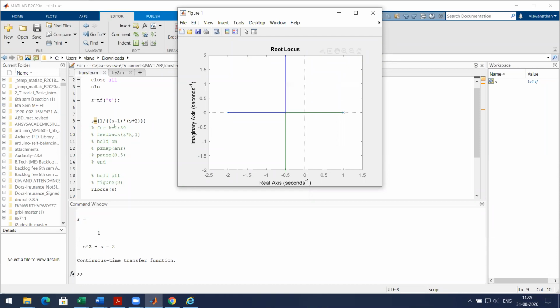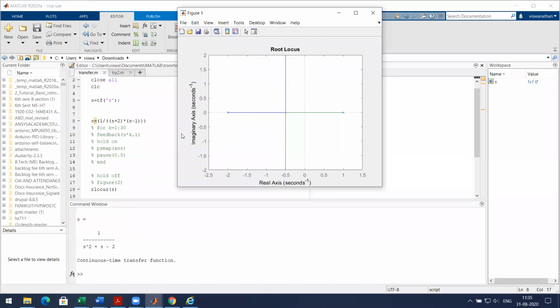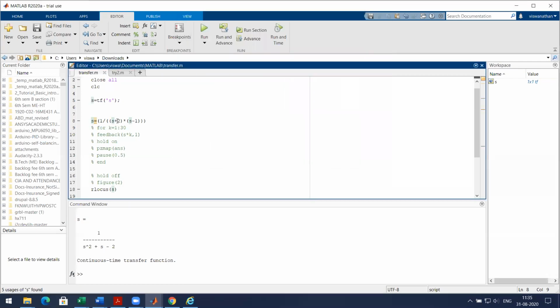Okay. Now I'll change the transfer function a bit. I'll make it (s plus 2) and (s minus 1). This should be minus, this should be plus.